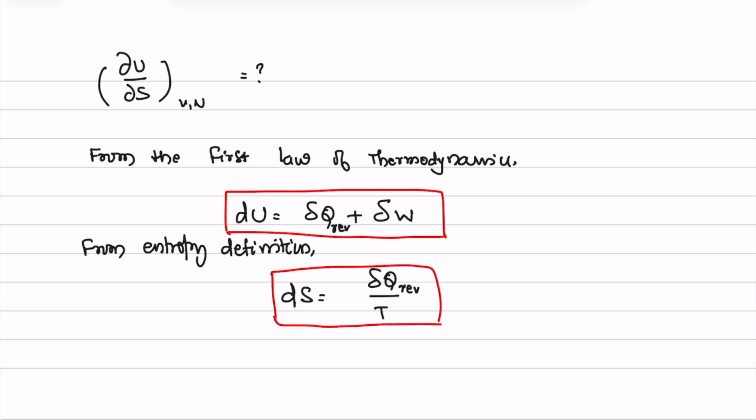Here ∂U/∂S, where volume and number of particles are constant. This implies the equation T dS is equal to δQ reversible.